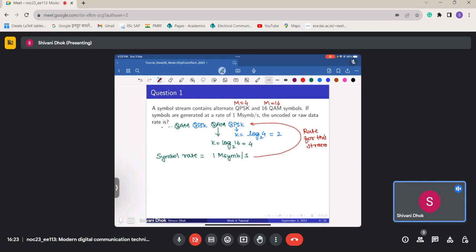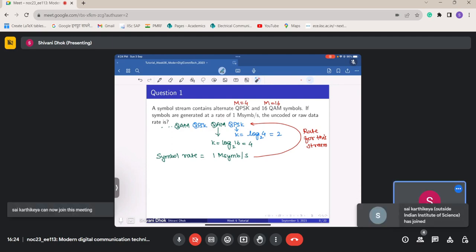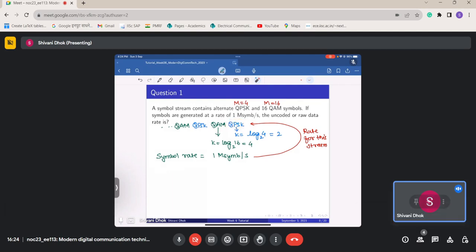Now suppose there was only QPSK. Then for each symbol I would have 2 bits. However, now I am having 2 different constellations of 2 different sizes which I am sending consecutively. Each symbol does not have the same length. For example, this has a bit length of 2, this has a bit length of 4, which means that the bit length corresponding to each symbol is not the same, and that's why we need to take an average bit length.